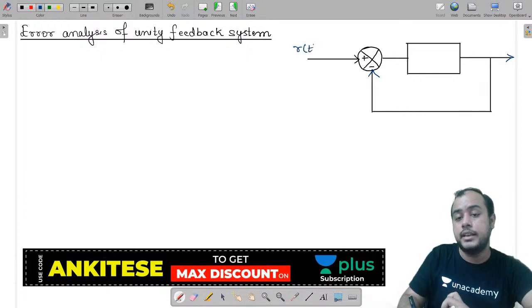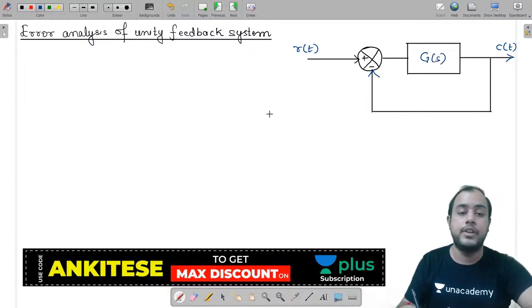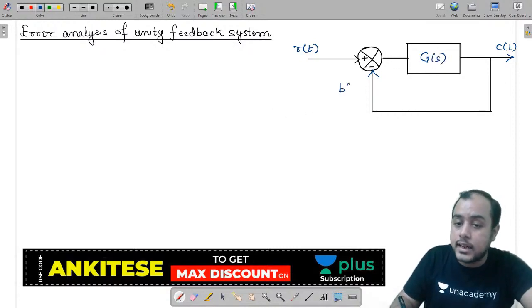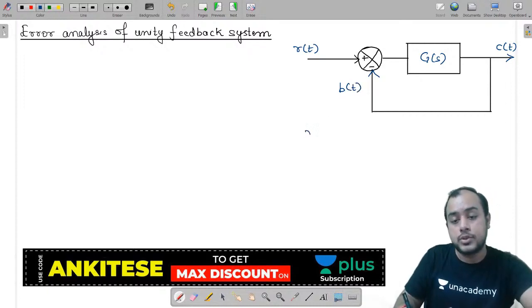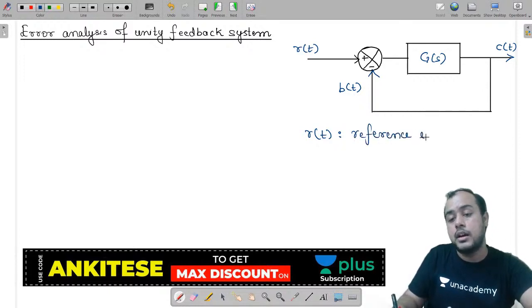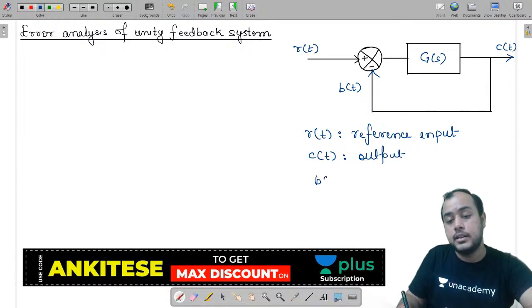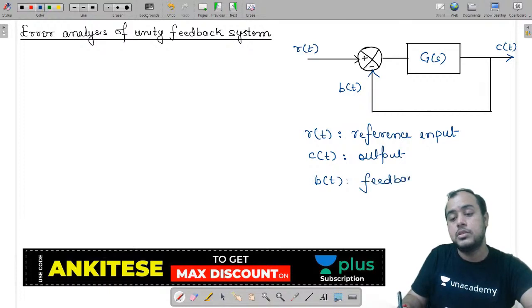This is RT, this is CT, this is GS, and your HS is 1. The feedback signal is called as BT. So let me explain these signals. RT is your reference input. CT is your output. BT is your feedback signal. Okay.